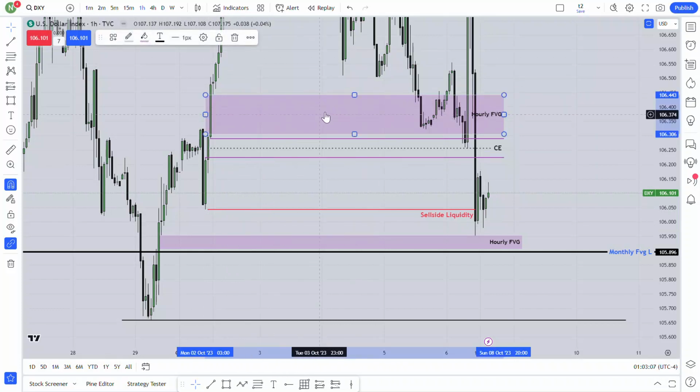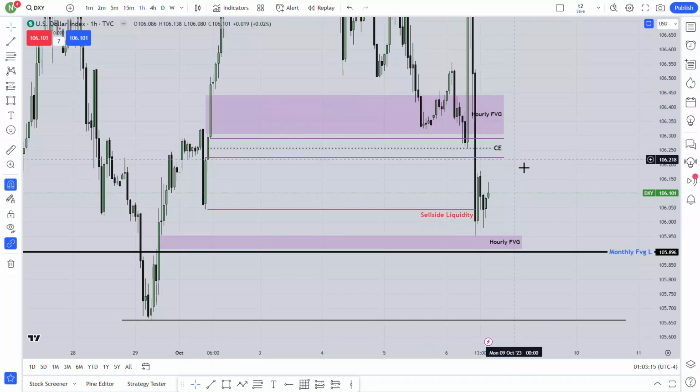So that's why I still keep this level, this hourly fair value gap, on my chart. But this is my opinion, okay? I'm not comparing myself with someone else, and all I know is from Michael, I mean ICT. But this lower fair value gap is very important for me.